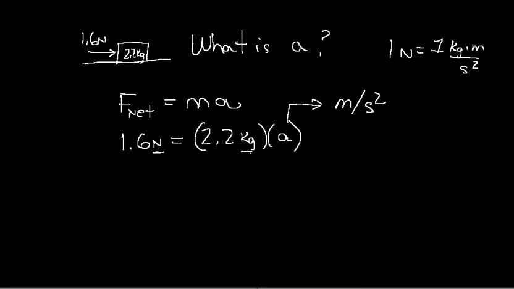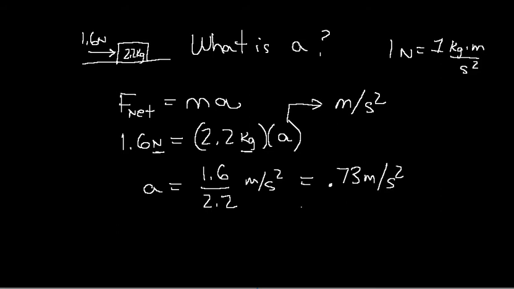So if you have the mass in kilograms and the force in newtons, you're going to get an acceleration in meters per second squared. Okay, so we could say a then will be 1.6 divided by 2.2 meters per second squared, and your book calculates that at 0.73 meters per second squared.